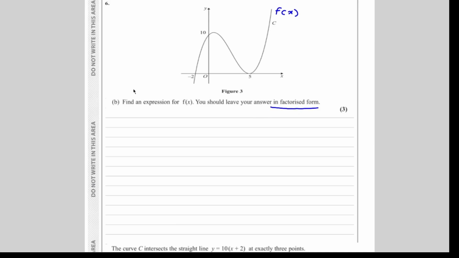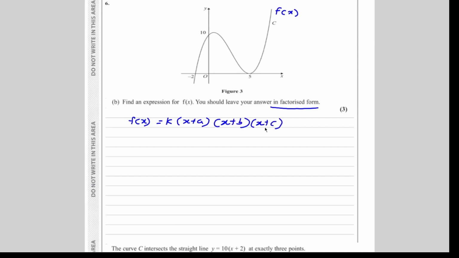So remember, for any cubic curve, the standard equation, you should memorize it. f of x equals k, where k is any constant, there can be any number as k, times x plus a, x plus b, x plus c.